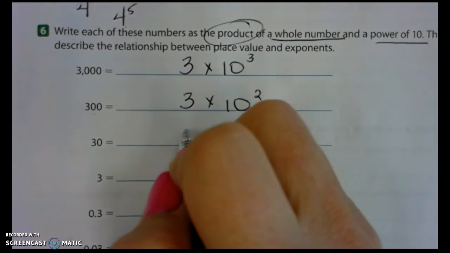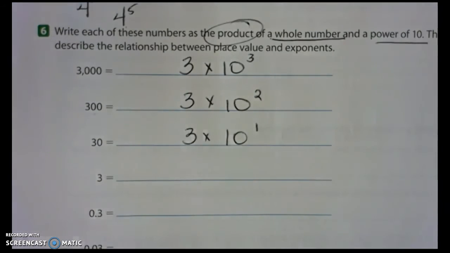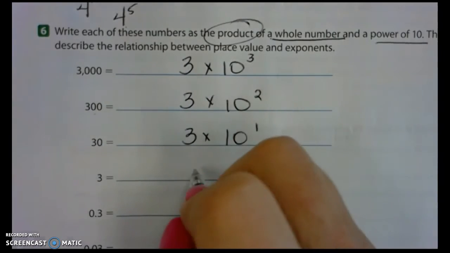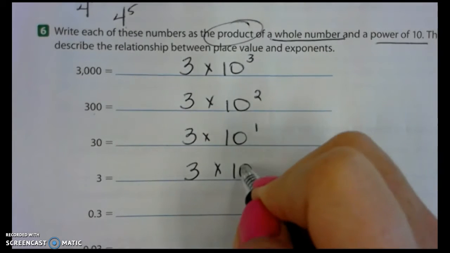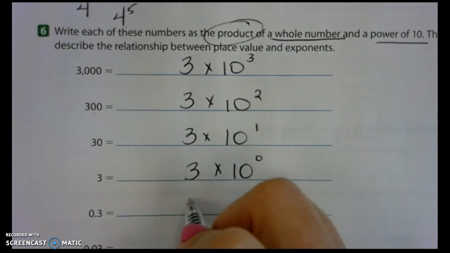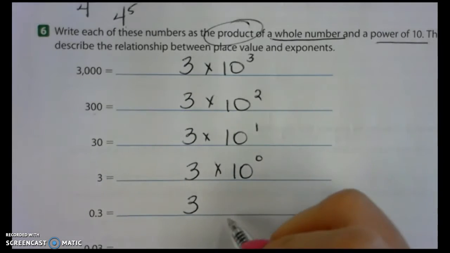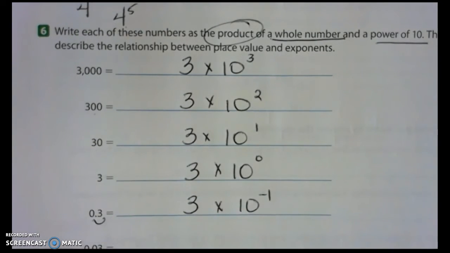For 30, whole number 3 times 10 to the 1 exponent, because there was only one place value to move. For 3, that would be 3 times 10 to the 0, because we're not multiplying it by 10 at all. 0.3, this is where we slip into the negatives. 3 times 10 to the negative 1 exponent.